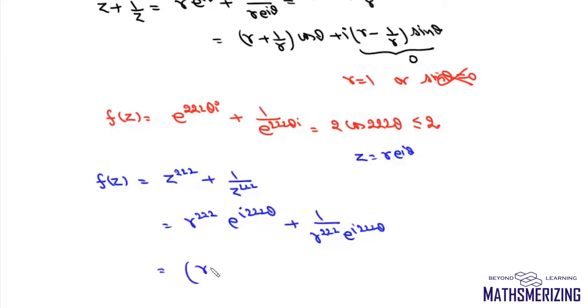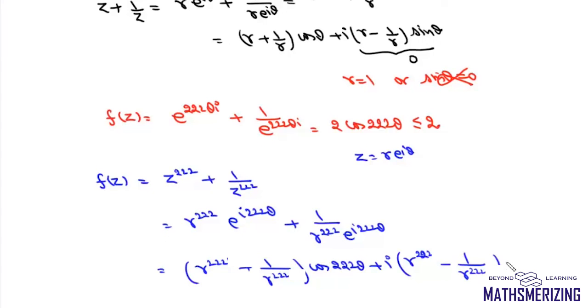Now we can write this as r to the power 222 plus 1 upon r to the power 222 cos 222 theta plus iota, r to the power 222 minus 1 upon r to the power 222 into sine 222 theta.